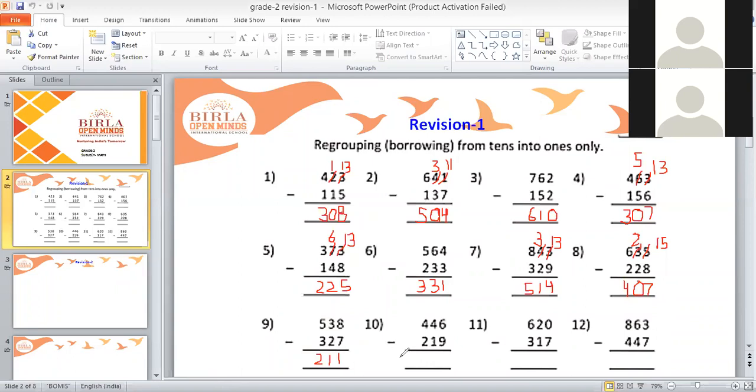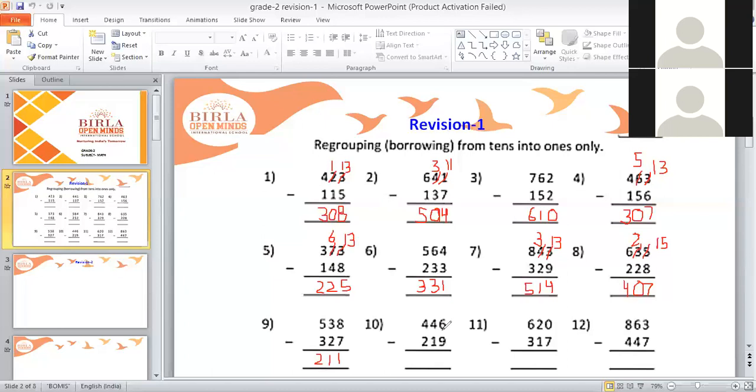No, I said read question number 10. This is 446. Now read it. Supratik, I have asked you to read the question. Fine, I'll read it for you. This is 446 minus 219.